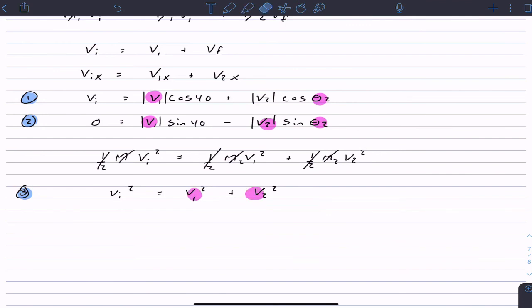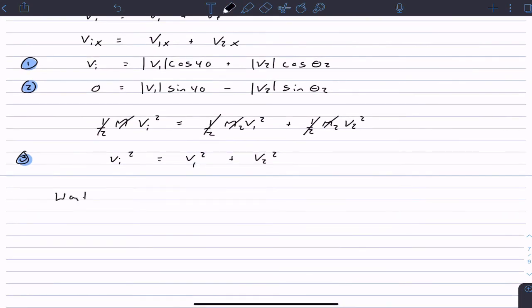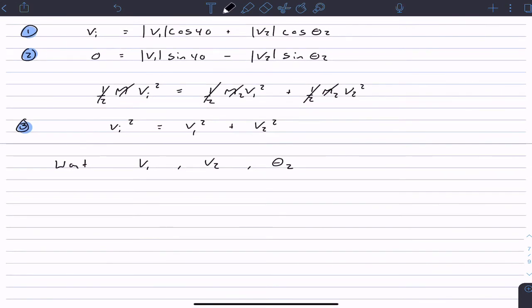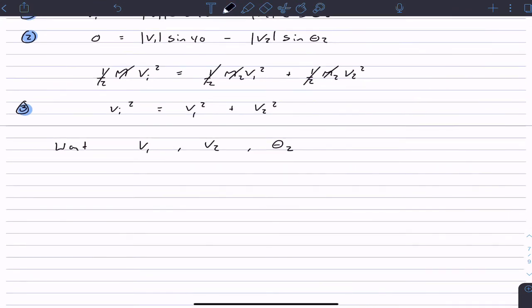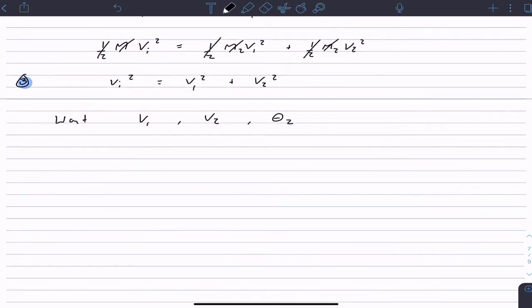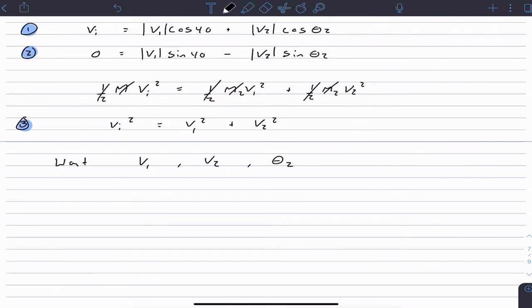So what are the 3 unknowns that we need? Well, that's v1, v2, and the angle. So this is what we want to find out: v1, v2, and angle. These are the final velocities of the particle. All right, so now we have to solve this system of 3 equations.